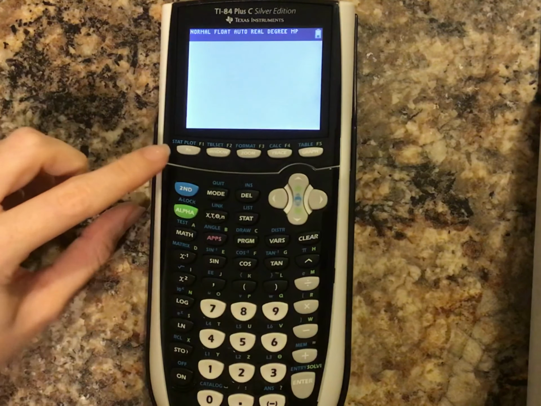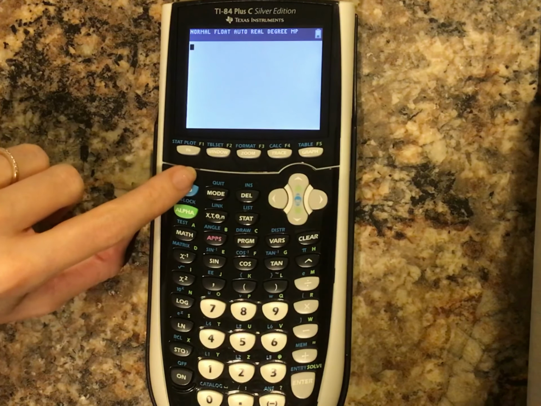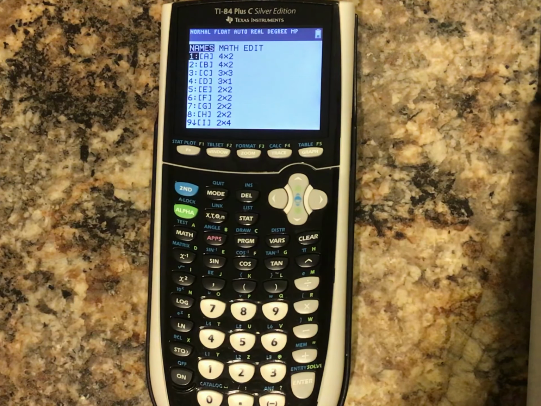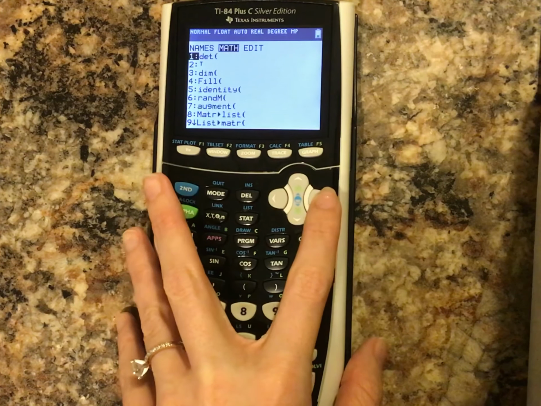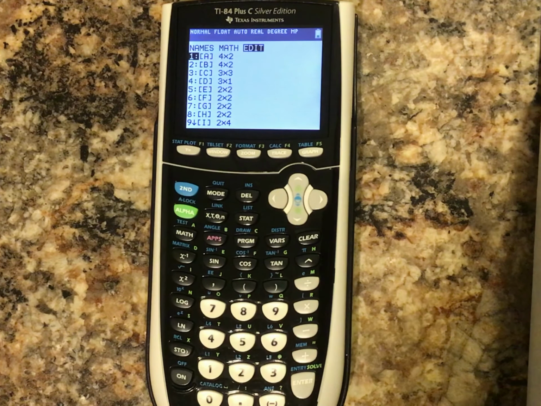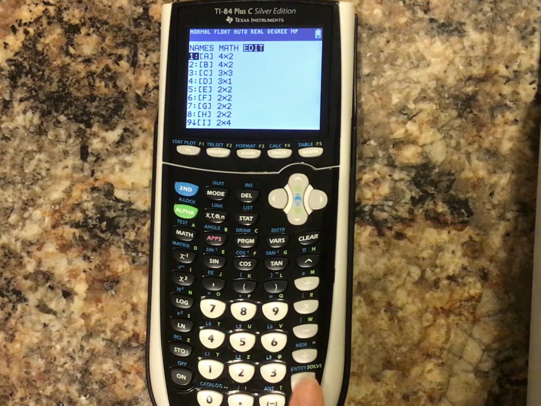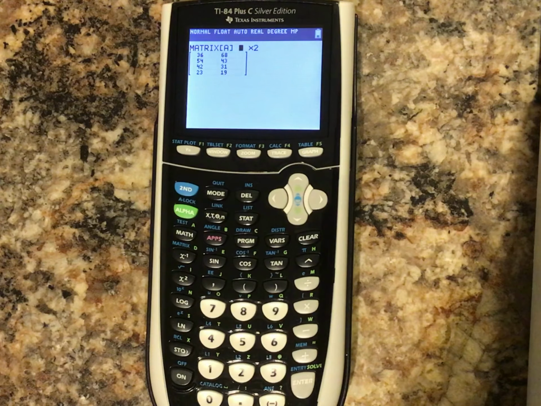The way that you do this on a TI-84, you're going to go to second, and this button here that above it says matrix. It's going to bring up this screen. You're going to go across to edit, because you're going to edit one of these matrices. I've got a bunch of matrices in here, but you can pick any one of these. I'll pick A, because that's where I've put my values.